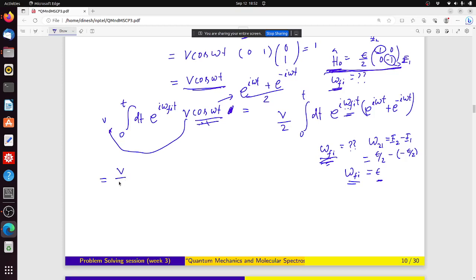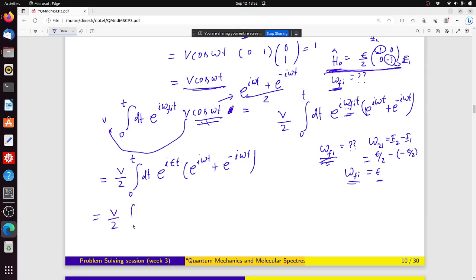This will be V over 2, integral 0 to t dt, e to the power i epsilon t and e to the power i omega t plus e to the power minus i omega t. Now it's pretty simple.